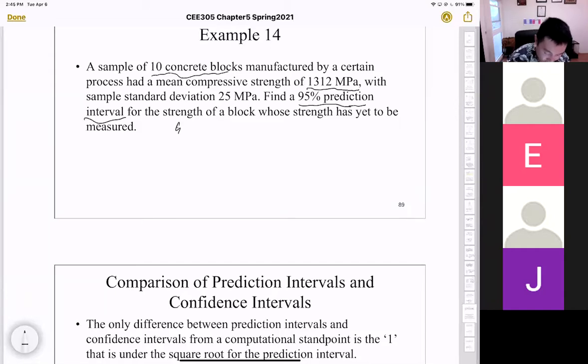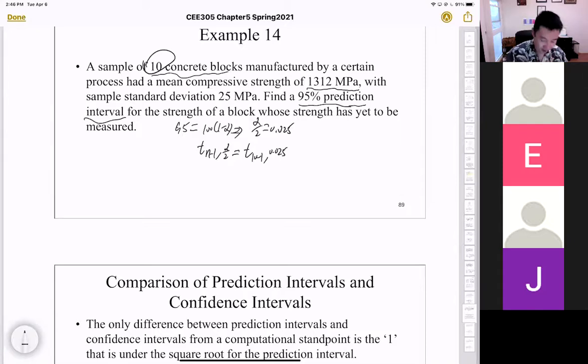First of all, figure out the t-value. Depending on the 95% prediction interval, we figure out alpha and half alpha. So half alpha is 0.025. The sample size n is 10, so the t value has 10 minus 1, that is 9, degrees of freedom, and half alpha 0.025.